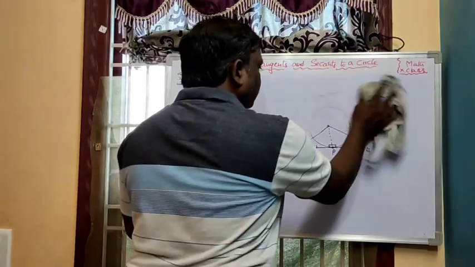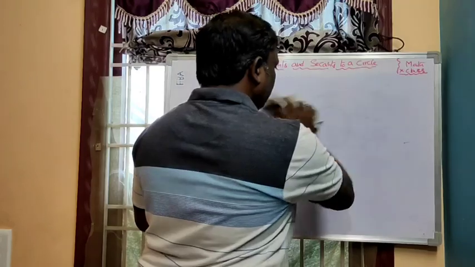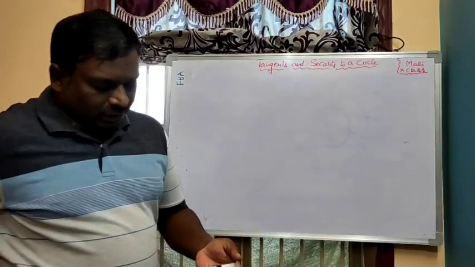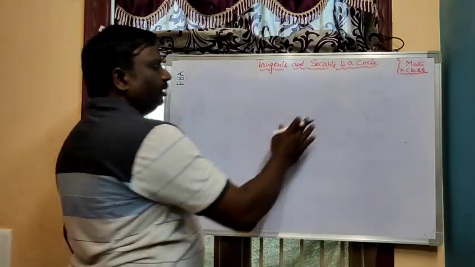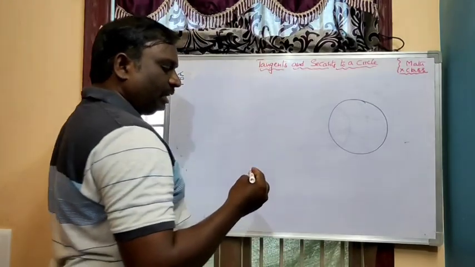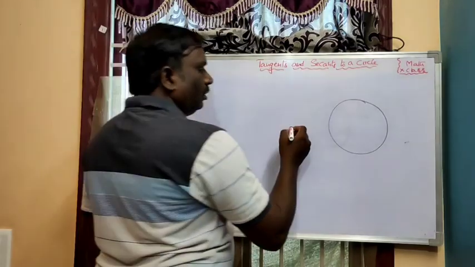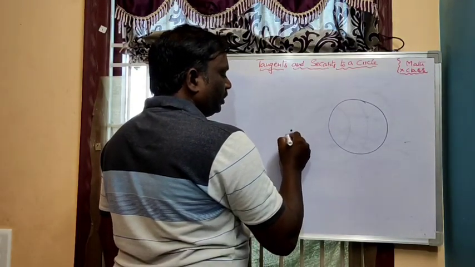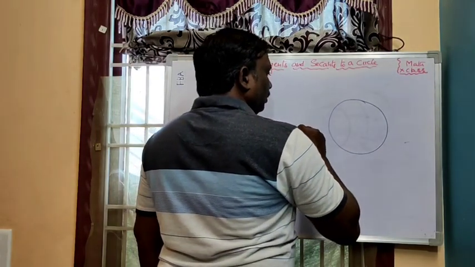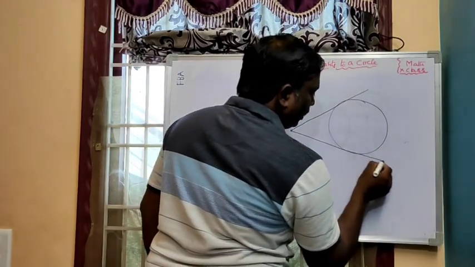And the third statement is saying, suppose you take any circle, and this is the external point to the circle, one of the tangents, and this is another tangent.